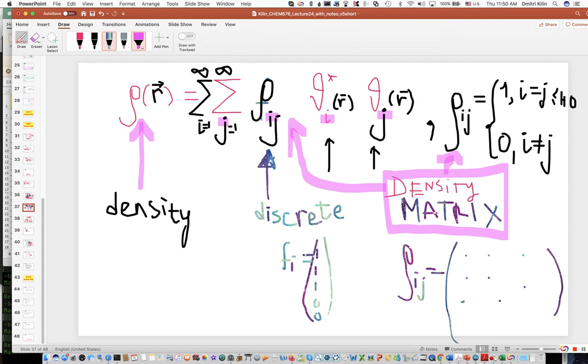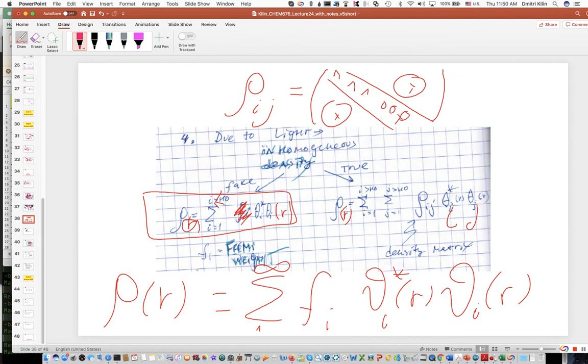In case we are describing ground state, density matrix is diagonal, has only values when i equals j, and only non-zero values for orbitals equal or below HOMO. So here is the same equation from previous slides, and here is how the density matrix looks like for the ground state.